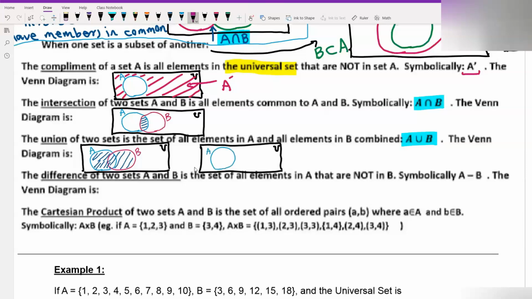A, B, and union is all members we have in A and B.